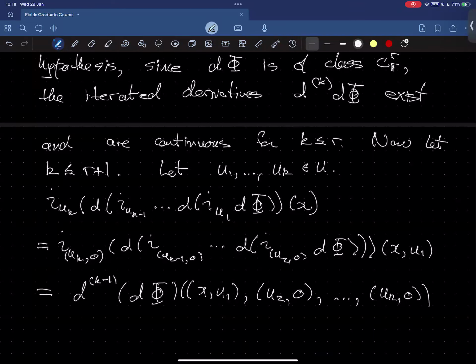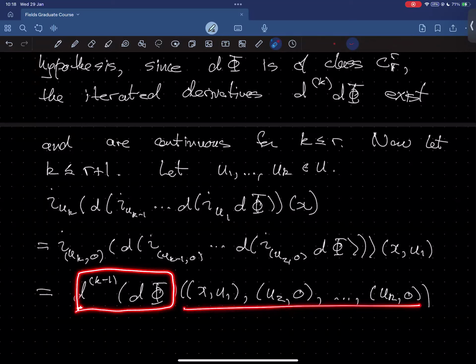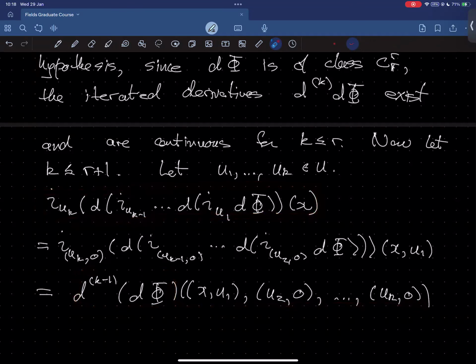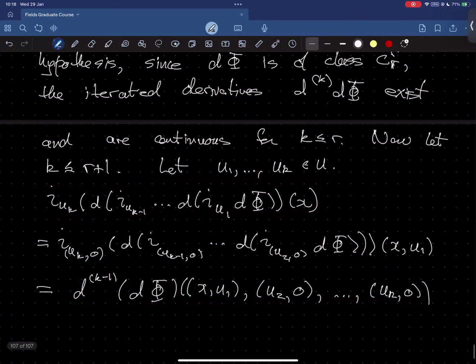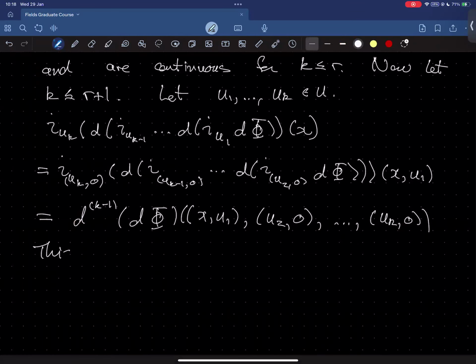That's a bit of a mess, but at the end of the day the induction hypothesis is that this thing makes sense and is continuous as a function of all of its arguments. Therefore this thing makes sense and is continuous as a function of all of its arguments. So this shows that d^k phi is well defined and continuous.